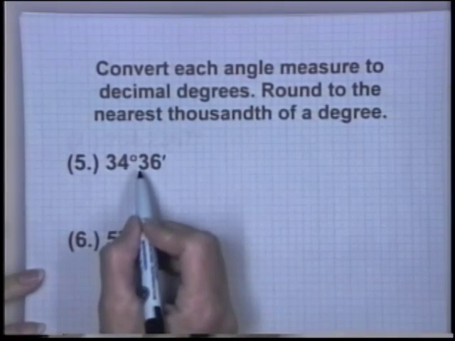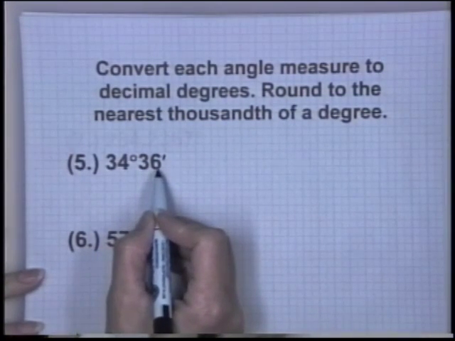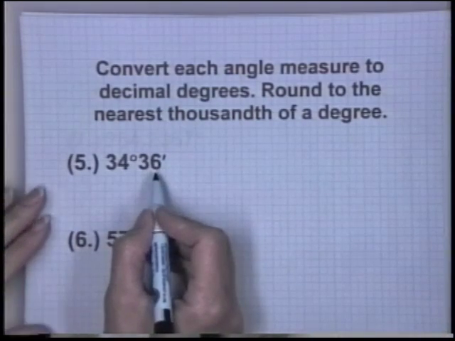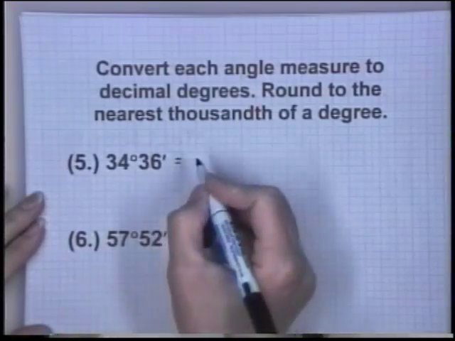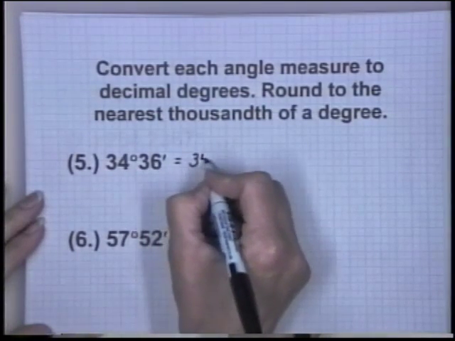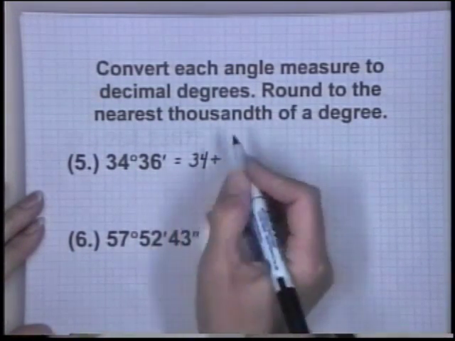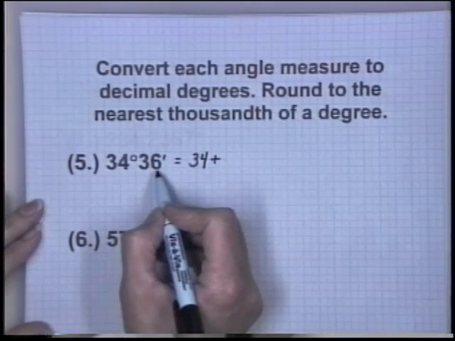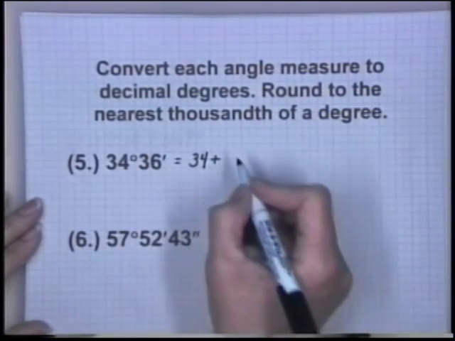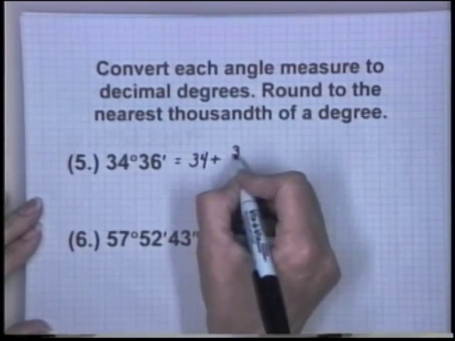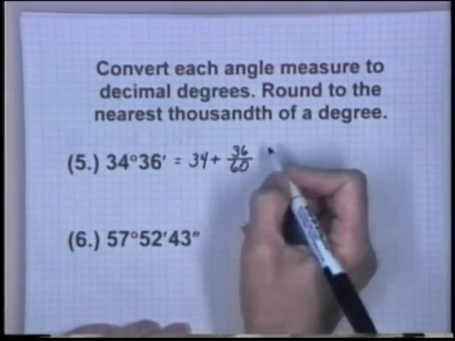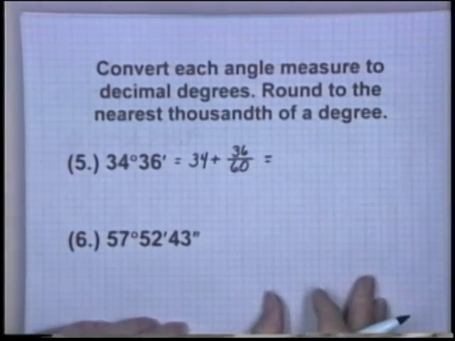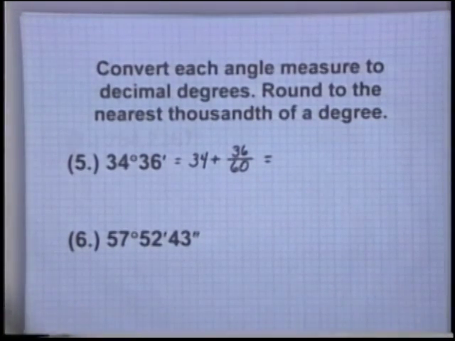Well, we know that 36 minutes is part of a degree, and we know what part of a degree it is. So we will write this as the 34 plus, since there are 60 minutes in a degree, 36 minutes will represent 36 sixtieths of a degree, and we calculate that on our calculators.